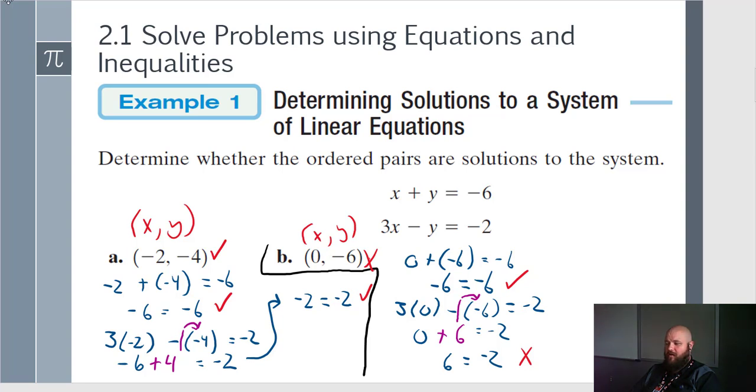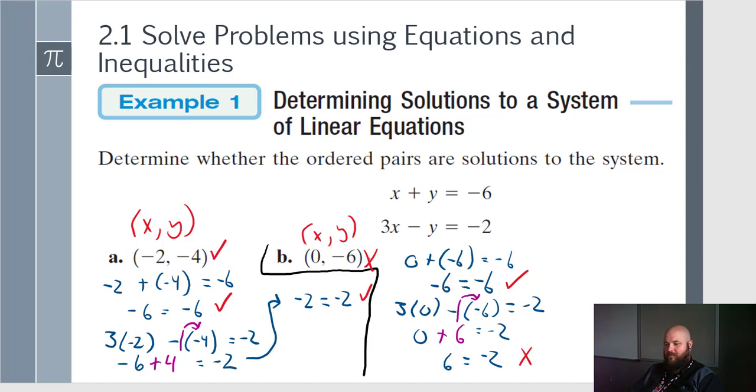If we would have started out with 3 times 0 minus -6 equals -2 and found out that didn't work, we would not have had to do the x plus y equals -6 top equation. I'm letting you know that because on some of the practice problems you're going to work out, that more likely will be the case, and that'll eliminate a lot of extra steps. So if you're working through one of these points and it doesn't work in the equation, you can stop right there and say that point is not valid for those equations.